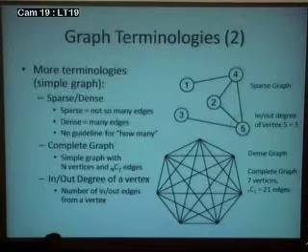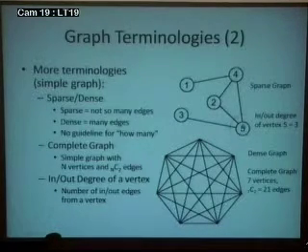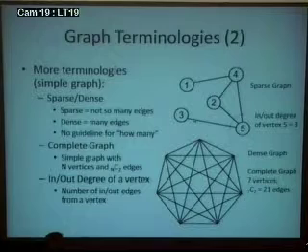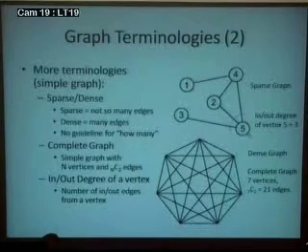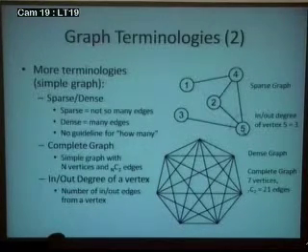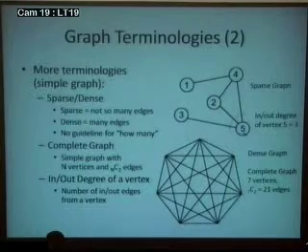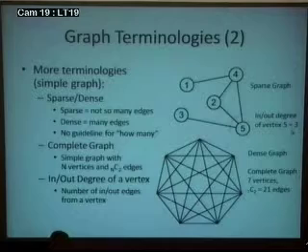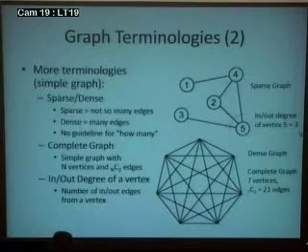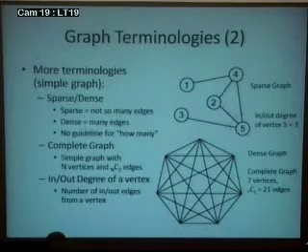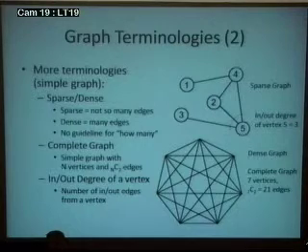So for vertex 5, I have 5-2, 5-4, 5-3, 3 outgoing edges. And I have 3-5, 2-5, 4-5, 3 incoming edges also. So the in and out degree of vertex 5 are both 3. For an undirected graph, there's no such difference. But later, when I show a directed graph, there can be some difference.